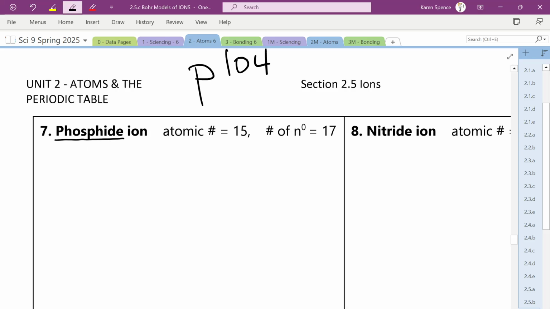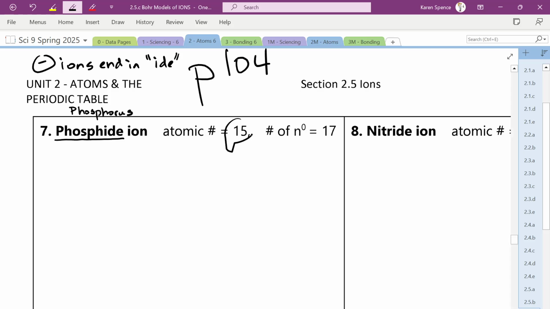What element is phosphide? Phosphorus. Remember, negative ions end in "ide." Okay, so you take the name of the element phosphorus and you change the ending to "ide."